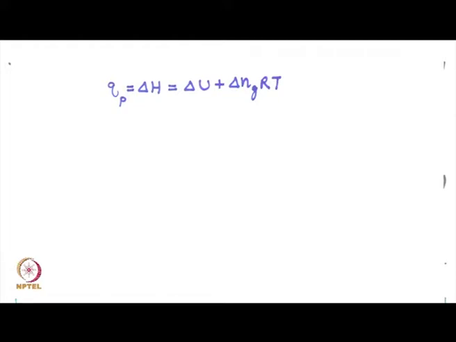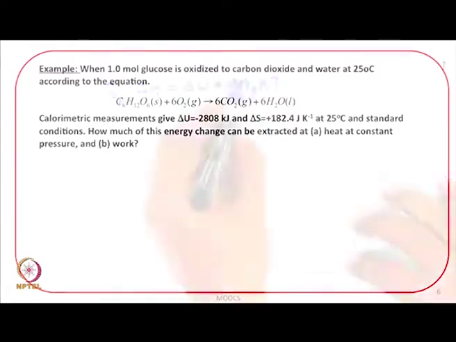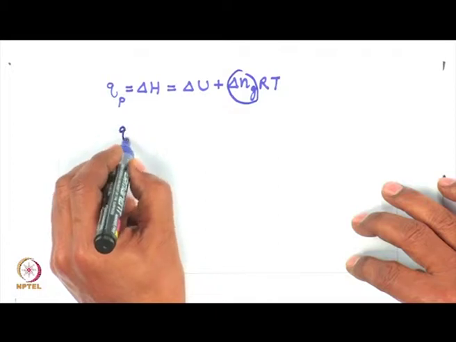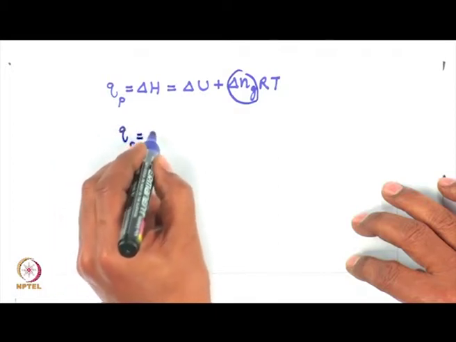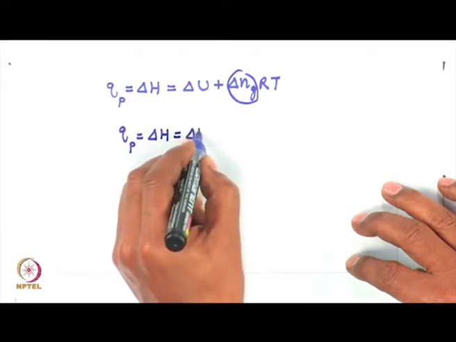Let us take a look at the relation given to us. In this, 6 moles of oxygen produce 6 moles of carbon dioxide. So, delta Ng is equal to 0. Since delta Ng is equal to 0, Qp is same as delta H and it is same as delta U.